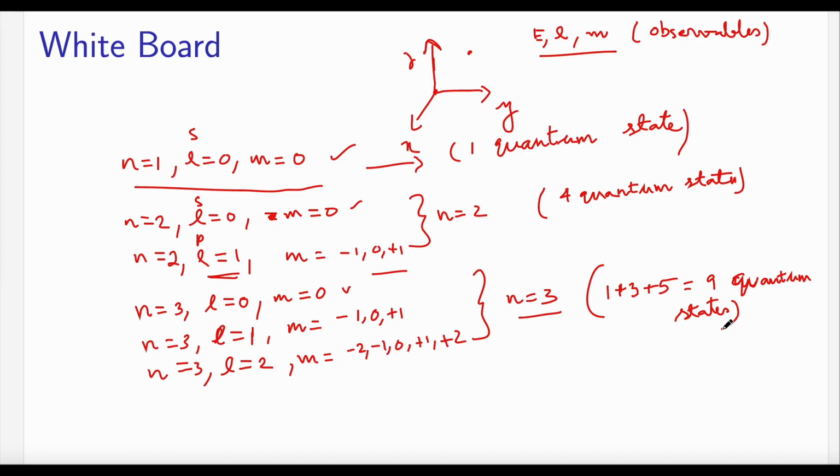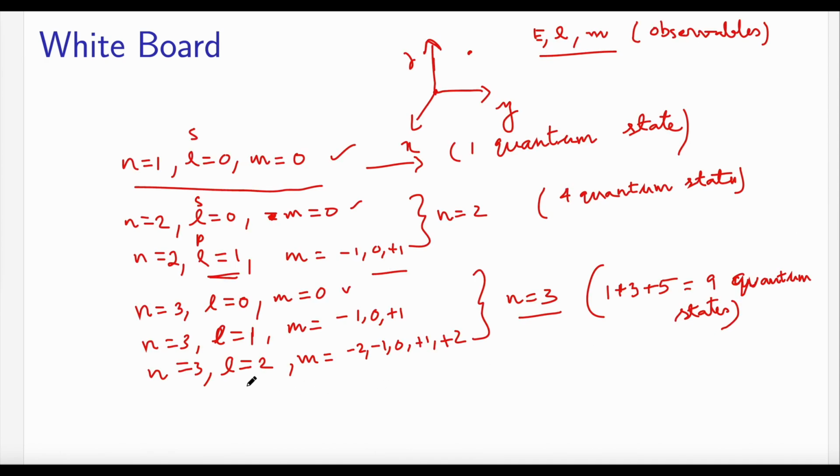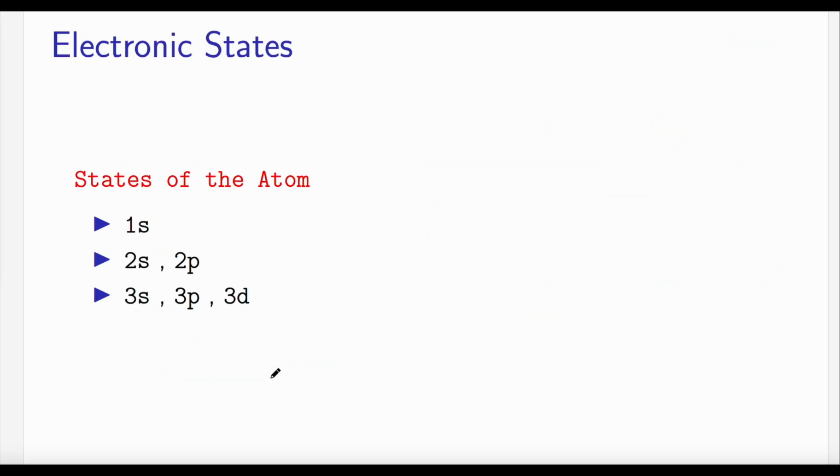So this is how it goes. And you can see, L is equal to 0 is S, L is equal to 1 is P, and L is equal to 2 is D. So like that it goes, S, P, D. So what are the electronic states?